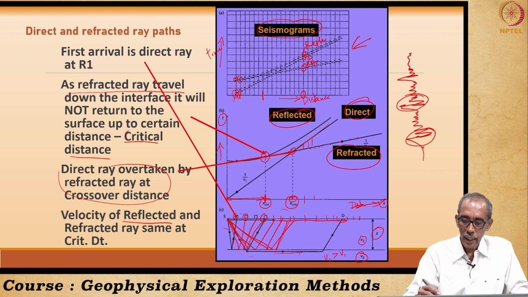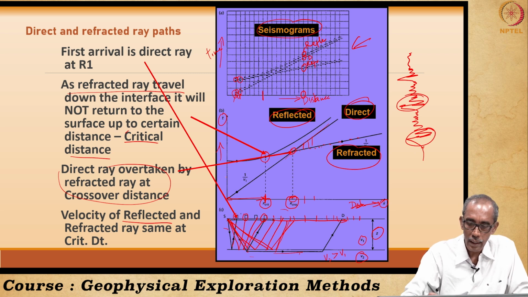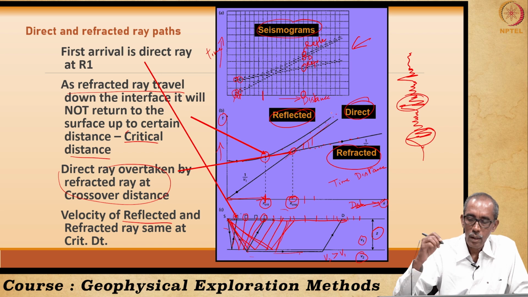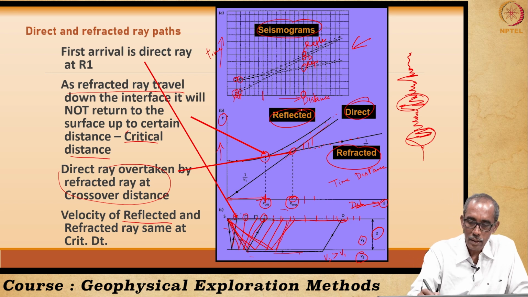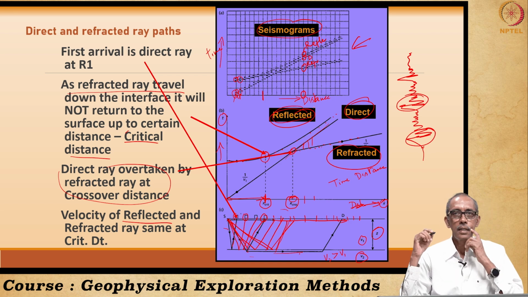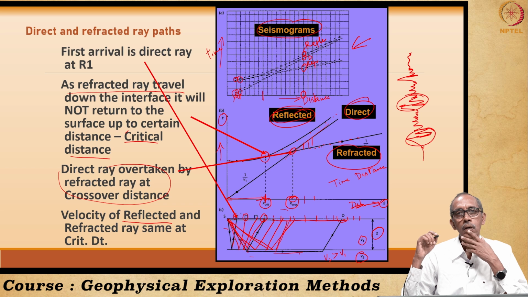And if you take the arrival times of all the reflected signals and plot them, this plot is known as time distance plot. If you plot, they will all follow this curve. This curve is due to reflected signal, right.